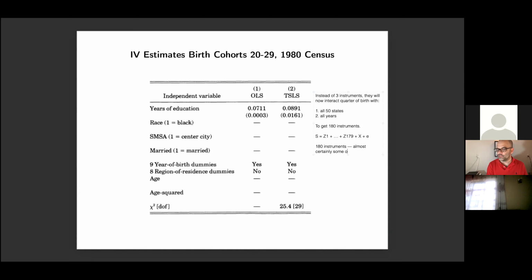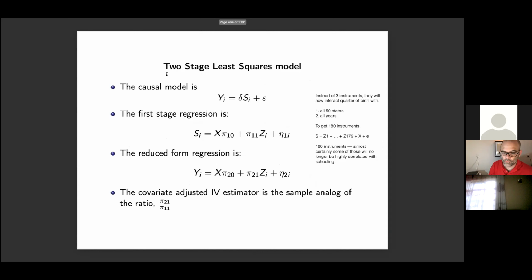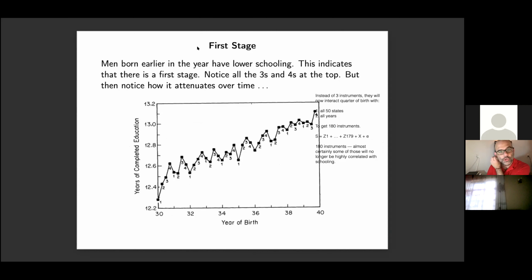Almost certainly some of those will no longer be highly correlated with schooling. I know that because let's go back to the picture. You can see the correlation weakens as we go over time. Notice here, it's very strong, right? Born later in the year, you get more schooling than those born early. So for the 1930 cohort, very strong correlation between quarter of birth and years of schooling.